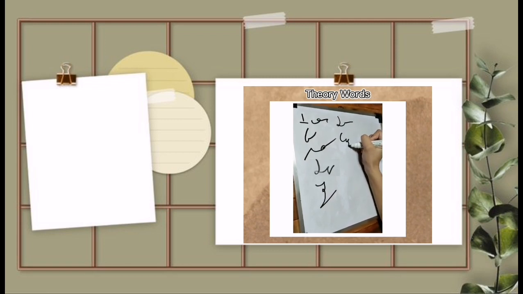P-R-O, S and T for processed. Next is sincere. Next is also.